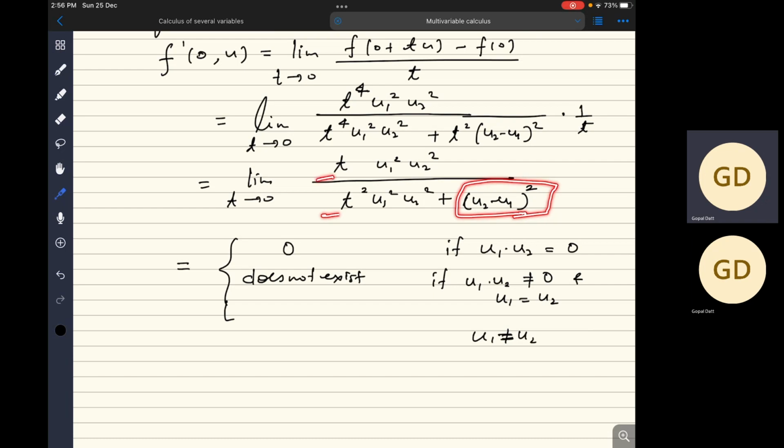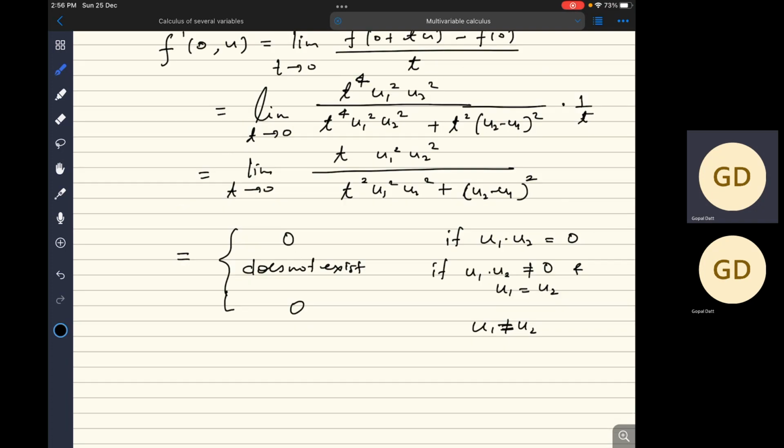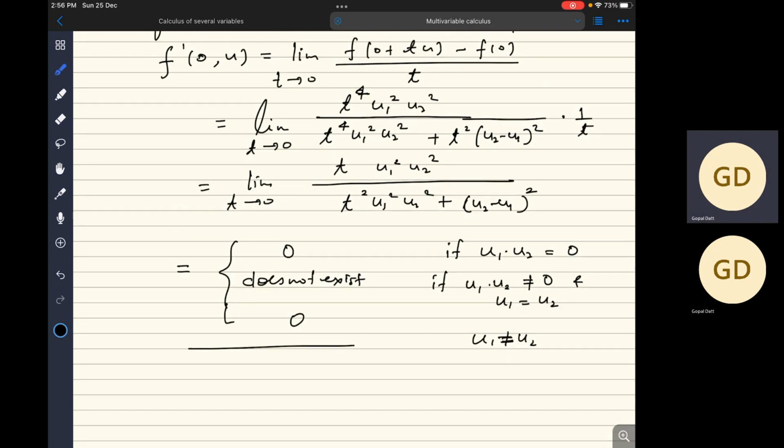This is something positive, non-zero. So it will again be 0. So f dash 0 u is given by this. This means f dash 0 u exists.